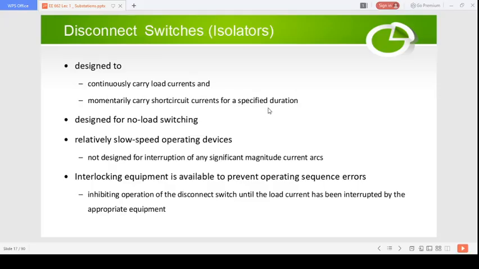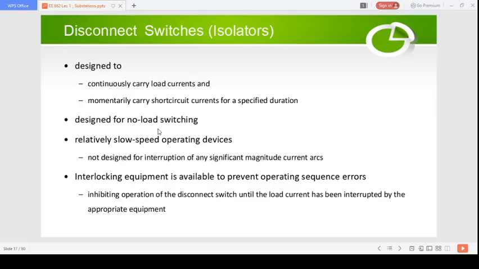So it can also carry a fault current for a specified duration without getting damaged. And this is designed for no load switching. So these are not to be opened under loading for any reason.